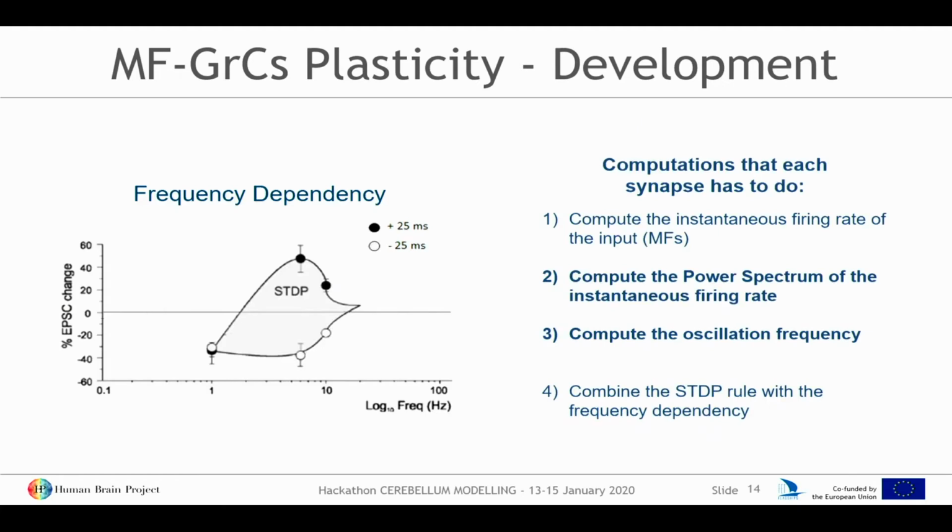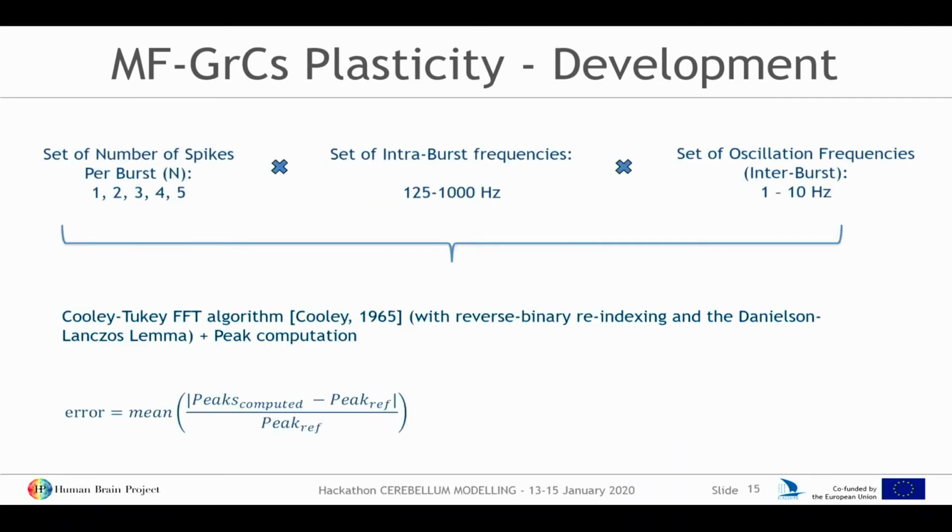And then we need to compute the power spectrum of that signal and to compute the oscillation frequency. So we tested this plasticity in different conditions, with bursts of spikes, with different oscillation frequencies, so with different time intervals between the bursts, from 1 to 10 Hertz.